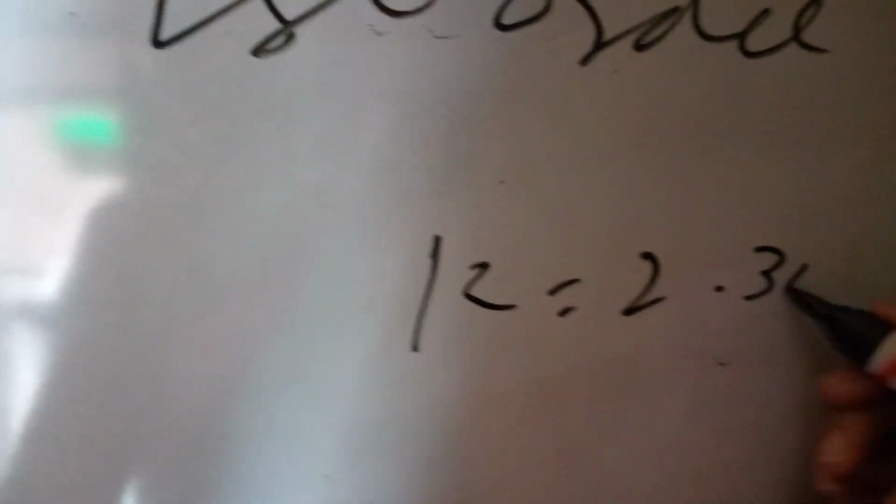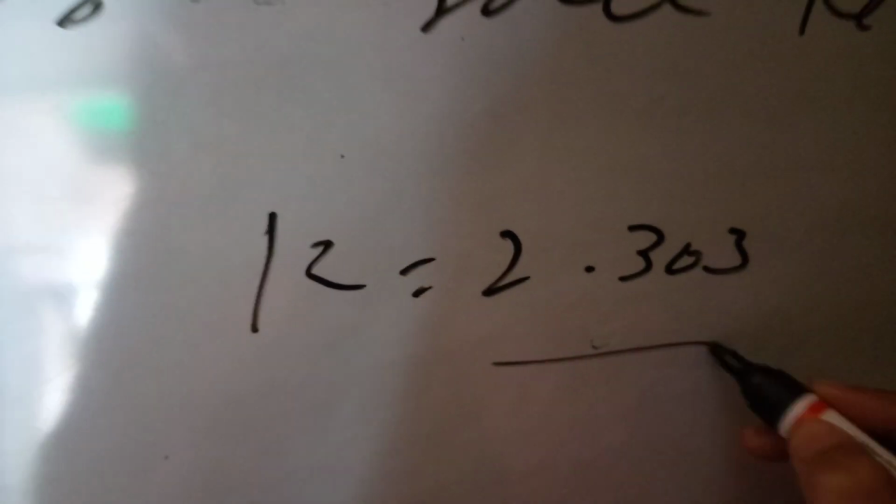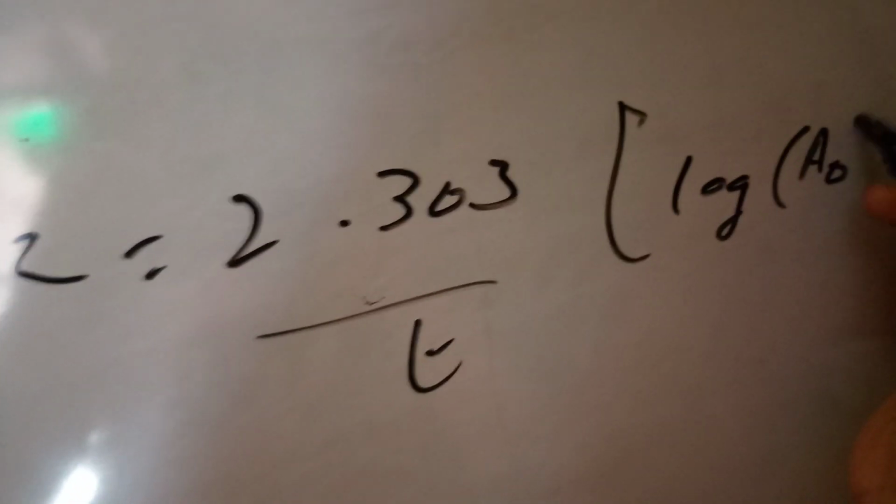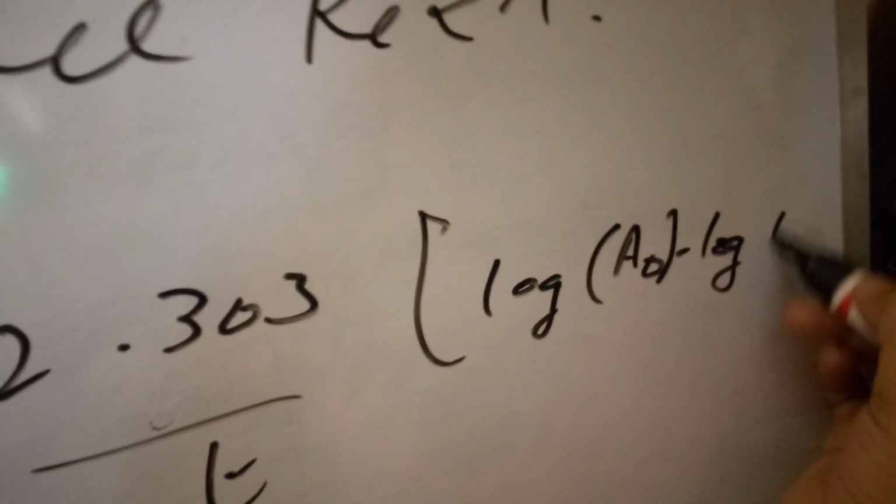Now for first order reaction, k = (2.303/t) log (A0/At), that is, log A0 minus log At.